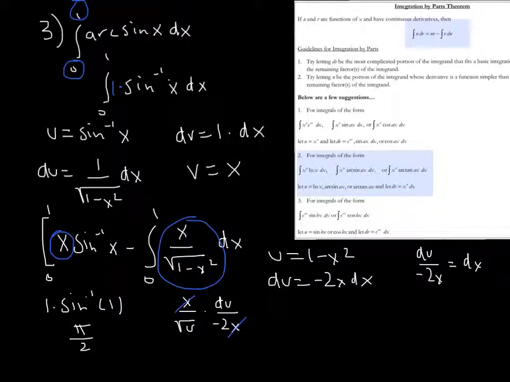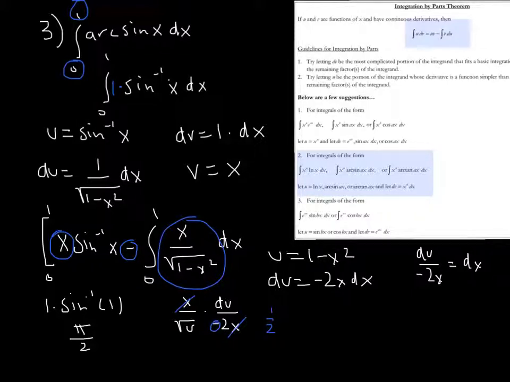And I'm going to take the negative 2 out in front of the integral. Now, be careful here. We already have a negative right there, and we have a negative right there. So when you take the negative 2 out, it's going to combine with this negative and make it positive, and the 2 is on the bottom, so it's going to actually be a positive 1/2 in front there.